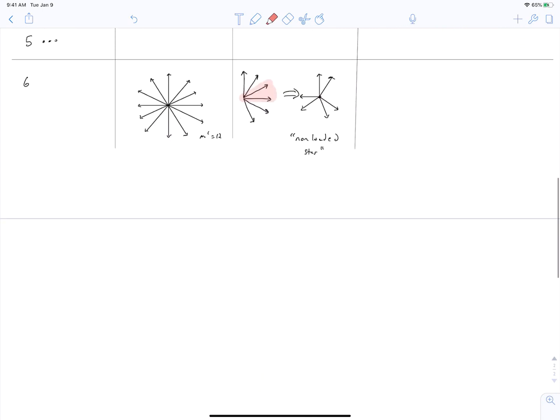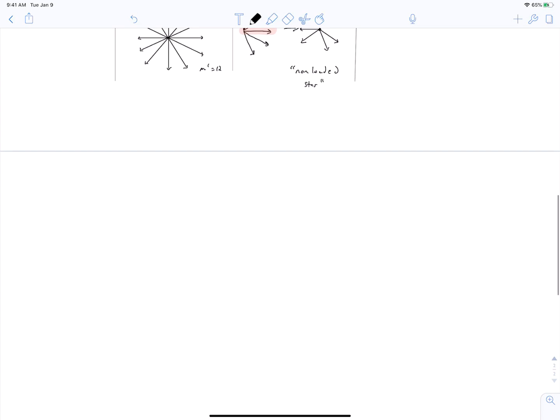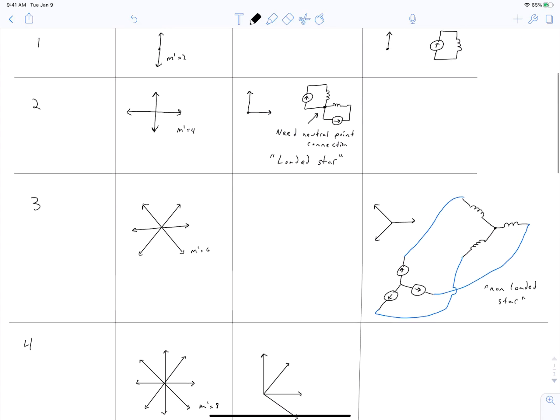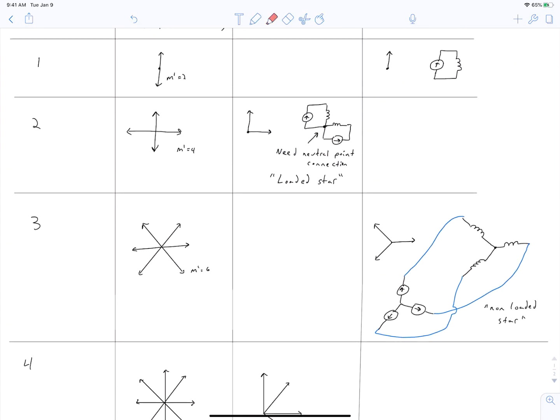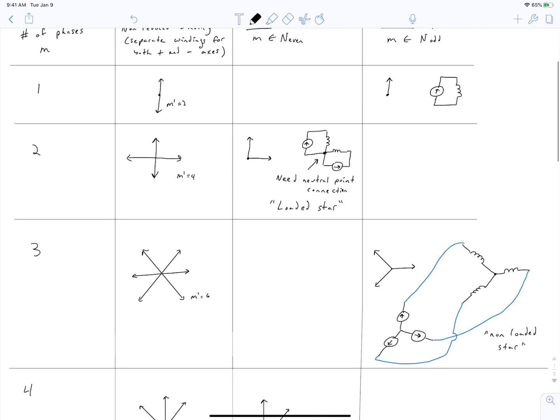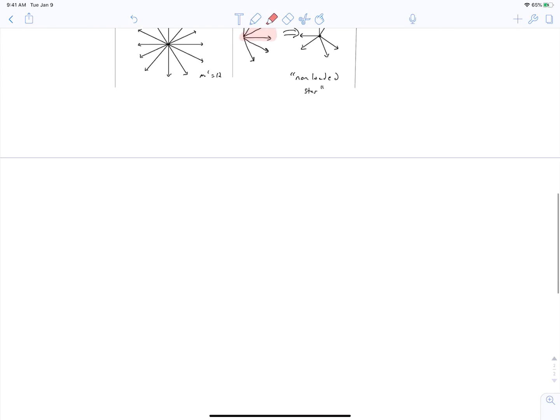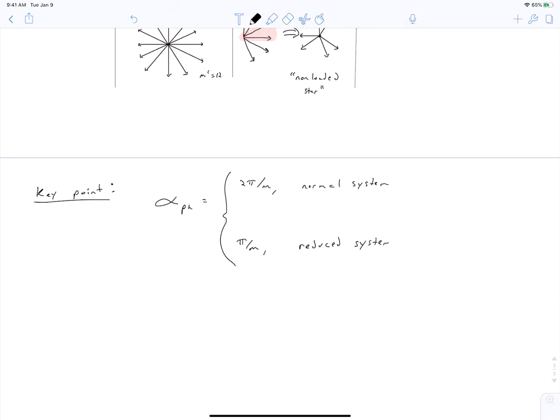But the real takeaway message that I want you to remember from this is the spacing that we have between these phasors. This spacing and this spacing. And you can see that it's different for the normal systems versus the reduced systems. And if we generalize this, for a normal system, our spacing is 2 pi divided by the number of phases.